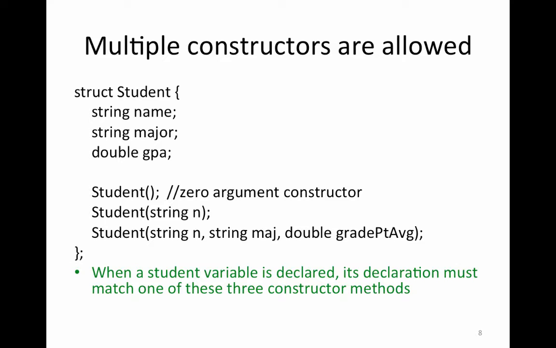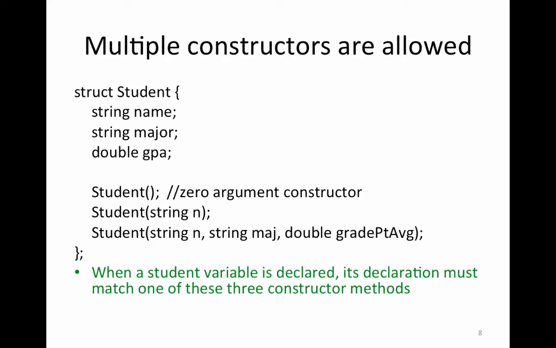And they initialize the struct in different ways. So each of them you provide a function definition for. I mean, presumably, this first one either leaves the variables uninitialized or initializes them to default values.